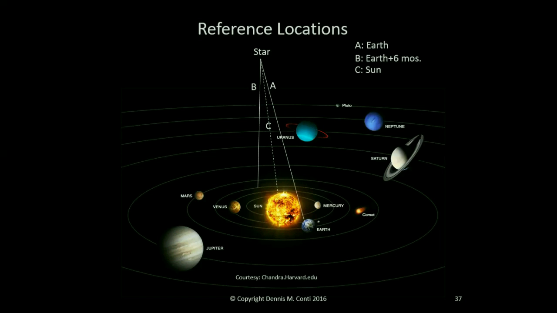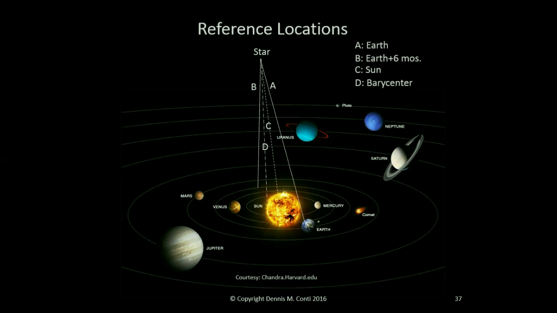So one might say, let's focus on having the center of the sun as our reference location. Well, that's not quite accurate either, because the center of the solar system actually is not in the center of the sun, but it's a place called the barycenter, which is a little bit further from the center of the sun. And so what scientists do is they use the barycenter as their point of reference.